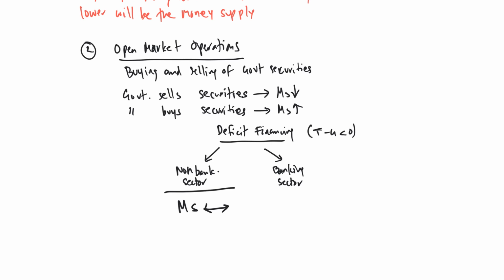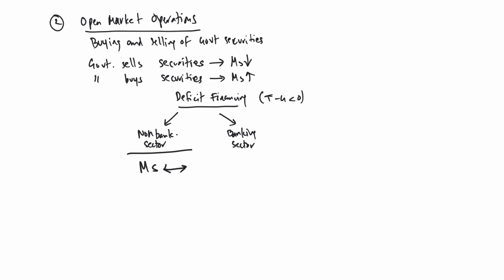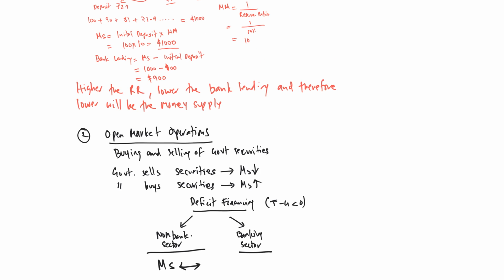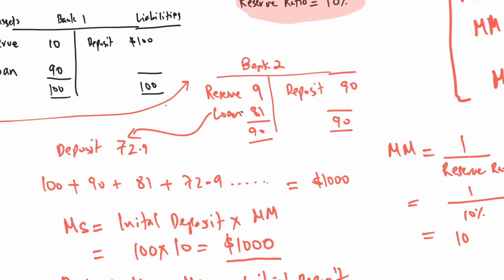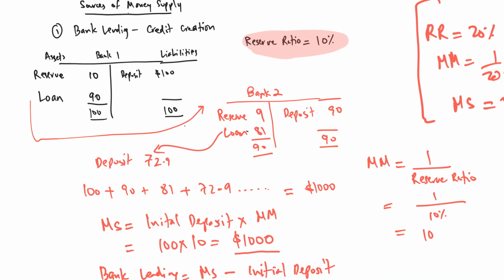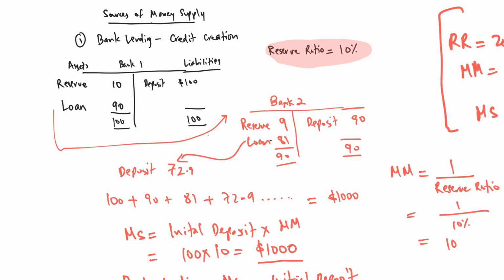Okay? If I go to the banking sector, things will be different. Now let's say you go to the commercial bank, and they say, oh, you need $100? Okay, they will give you $100 from this loan portfolio. Remember this loan portfolio? They will give you, let's say, 90 from this loan portfolio, which would mean, because they don't have the money, they only have the deposits, the only way they could give you is this loan money.